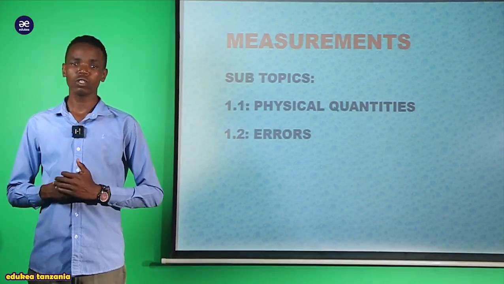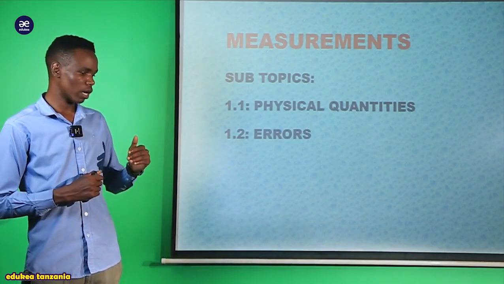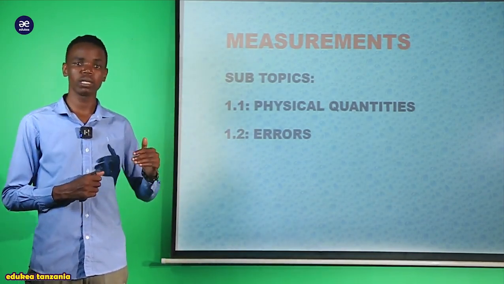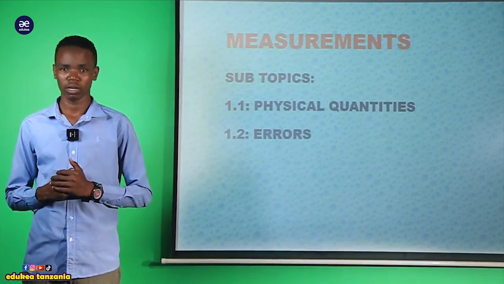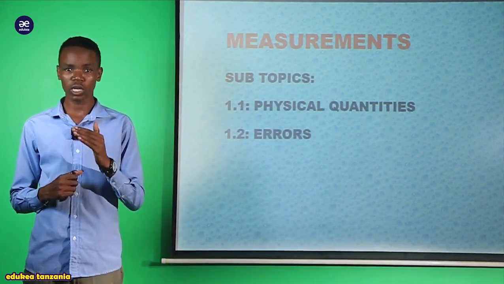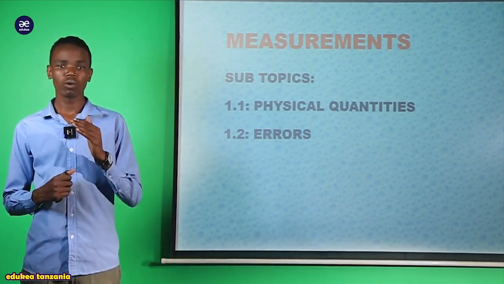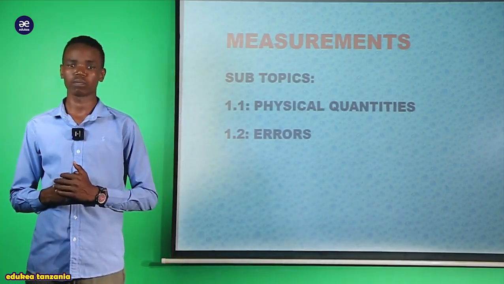On the first subtopic, we are going to see how quantities can be applied during measurements. We want to take the data, or record the data. How will you use these quantities so as to record the data?